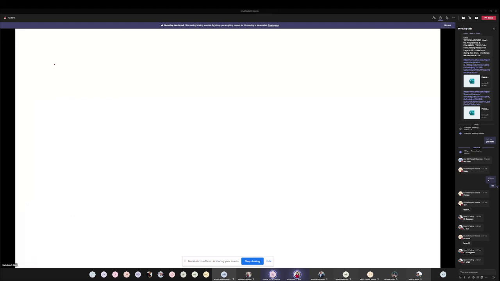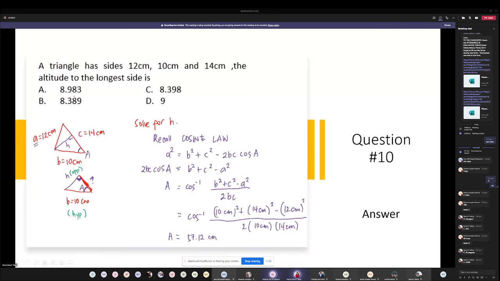Okay, so h is the opposite side. We don't know the answer. That's our unknown. So the hypotenuse is side B, which is 10 cm. And we have angle A, which is approximately 57.12.